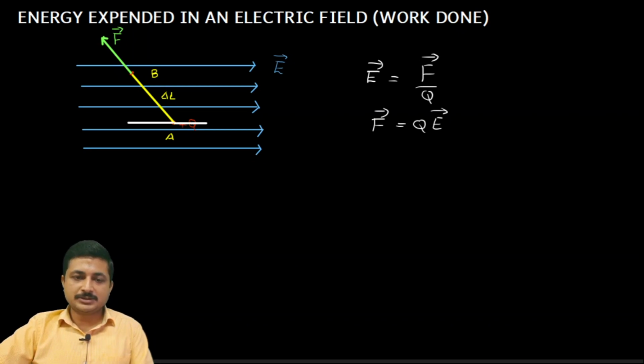If I draw a horizontal line here at the point A, then the path is making an angle theta. The other angle is the remaining angle. This angle is 180 minus theta, because the total angle will be 180 degrees. So if this is theta, this will be 180 minus theta. So let me write that. This is 180 minus theta. This has to be clear.